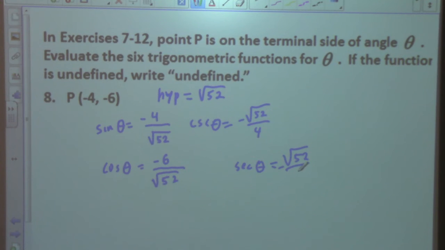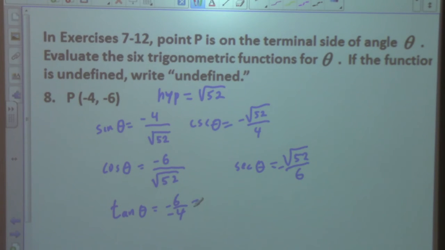We'll put negative out here, 6, okay? And then tangent is going to be -4 over -6. You make it smaller, and make it -4.